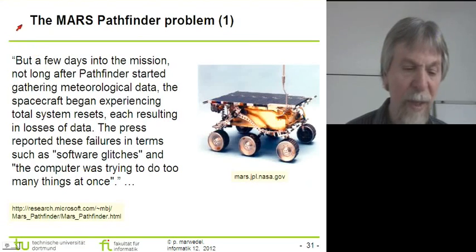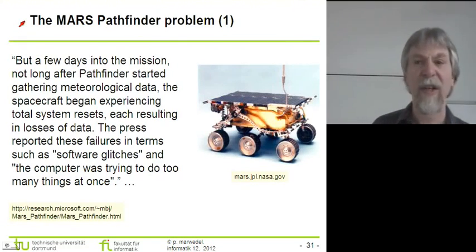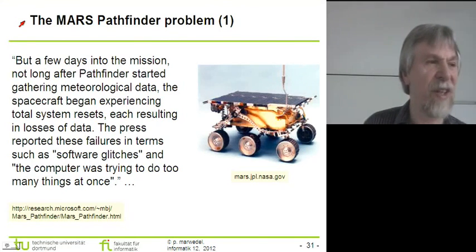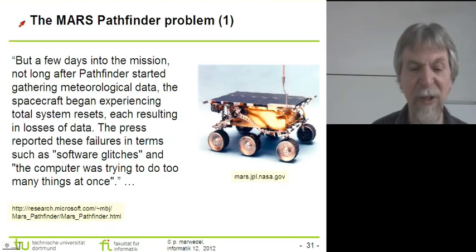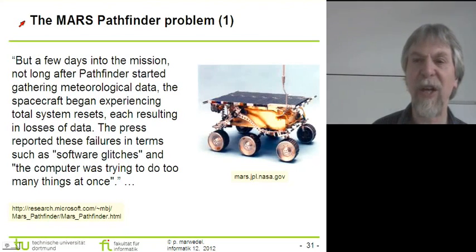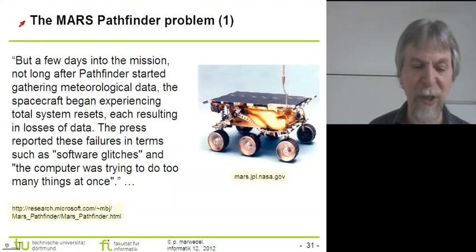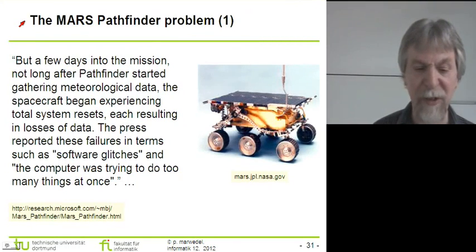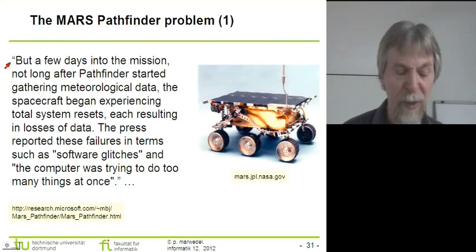So next, I'd like to demonstrate that this situation is not an academic situation in its negative sense, but that this situation has already happened in cases that have been very visible and very costly. Such a situation happened in the case of the Mars Pathfinder, where according to the report, the following happened.